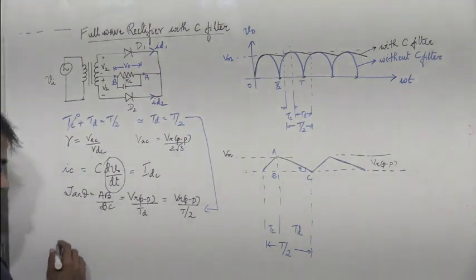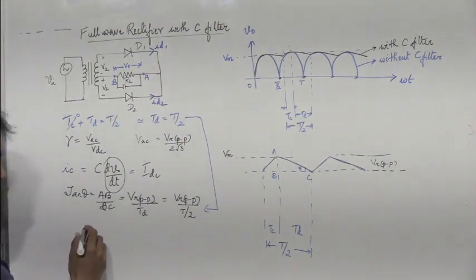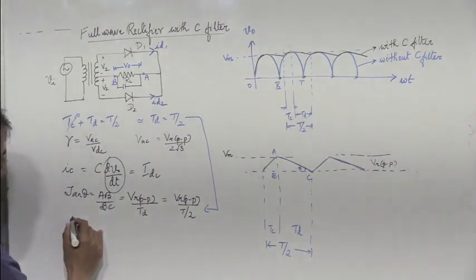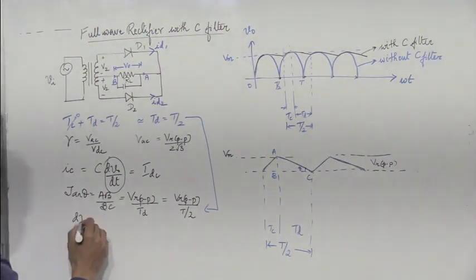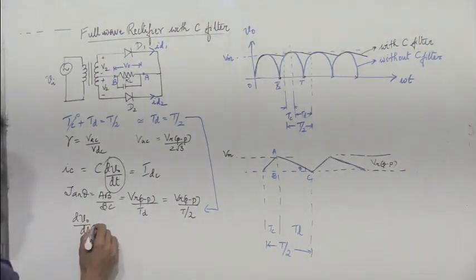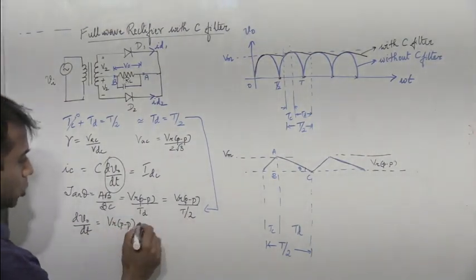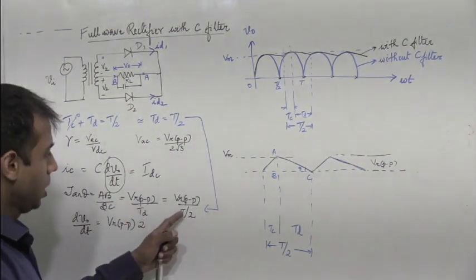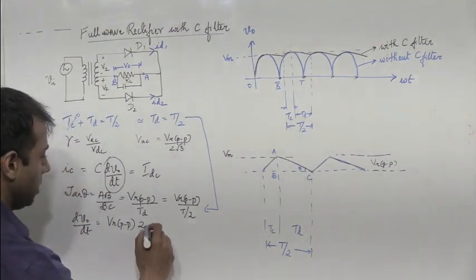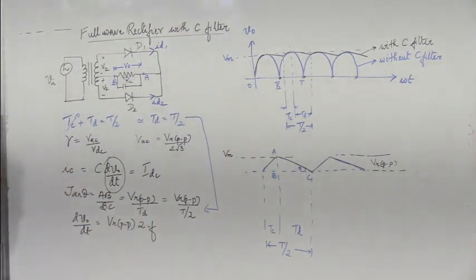Alright. So now we have dV naught by dt, which is VR peak to peak, 2 on the numerator, 1 by T, the time period, is nothing but f, the frequency.